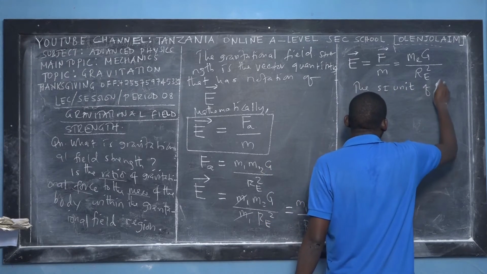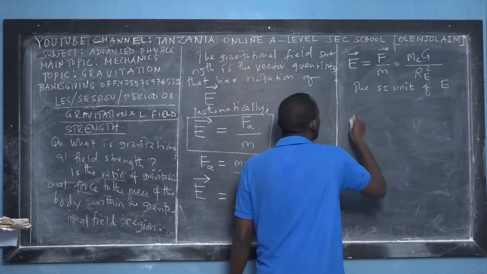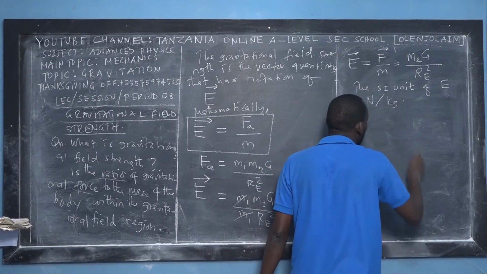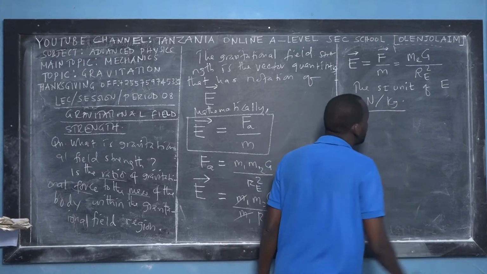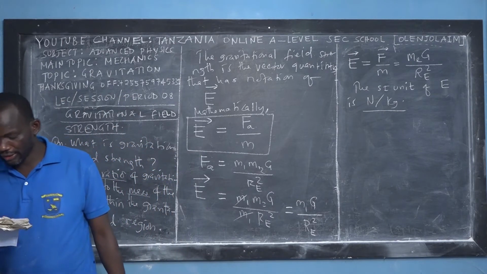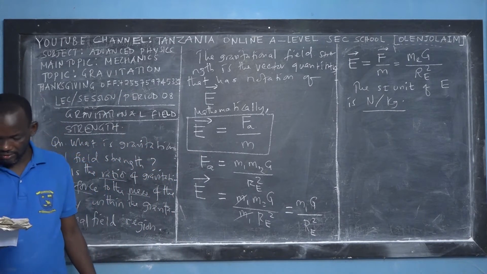The SI unit of gravitational field strength is newton per kilogram, because newton is the unit for force and kilogram is the unit for mass.